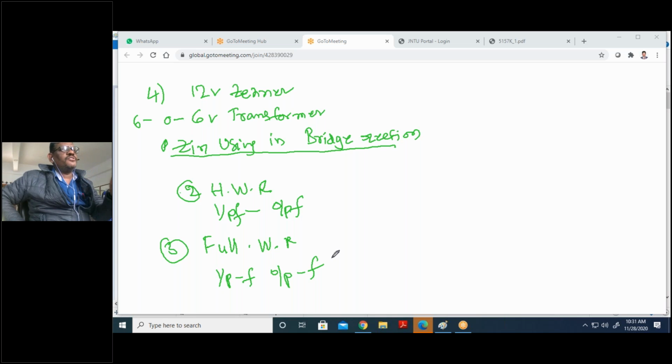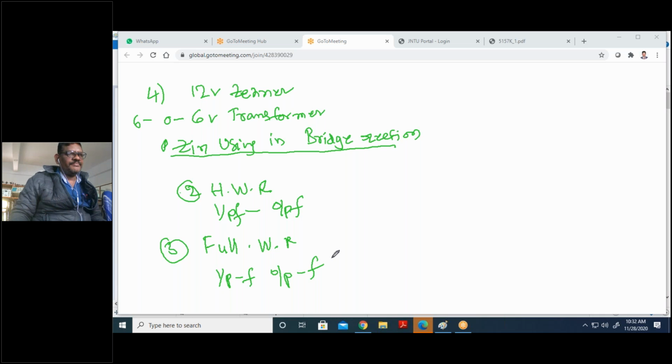If you want to use it normally, one point is ground, any one of point A or point B. So here 6 volts secondary, and the given Zener is 12 volts, so it acts as a normal PN diode. So it acts as a rectifier.